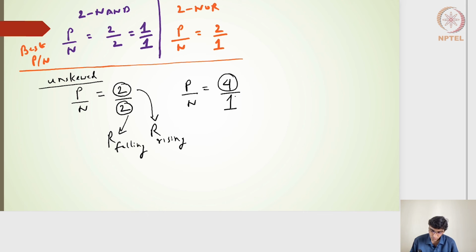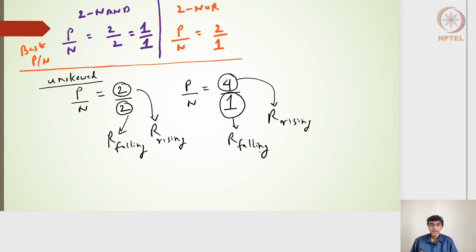Similarly here, 4:1, I have taken these sizes such that again the rising resistance and then the falling resistance should be equal to R, and it also matches with that of the 2:1 inverter.